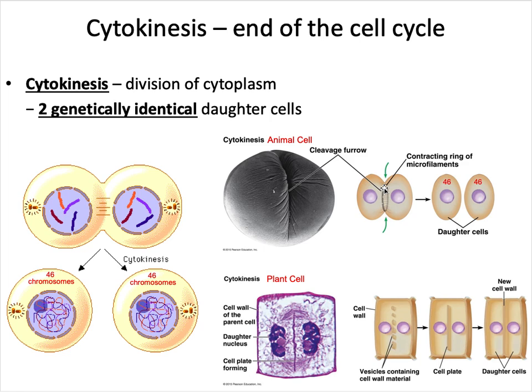So remember, that's another type of cytoskeleton. And what happens with this ring is that it gets smaller and smaller, to pinch off and separate these two cells. So it'll separate this cell into two separate cells through that ring of microfilaments.